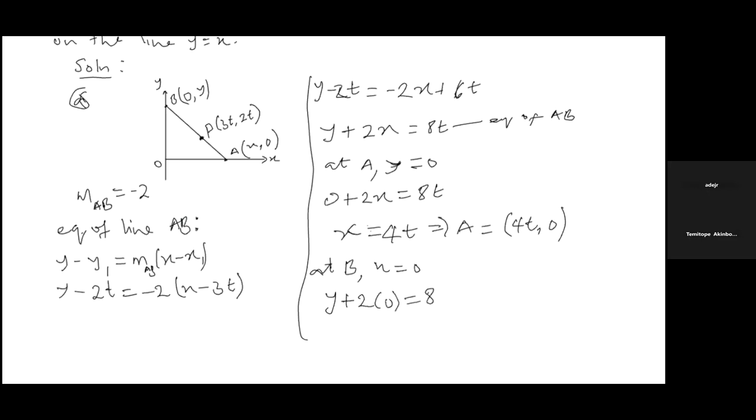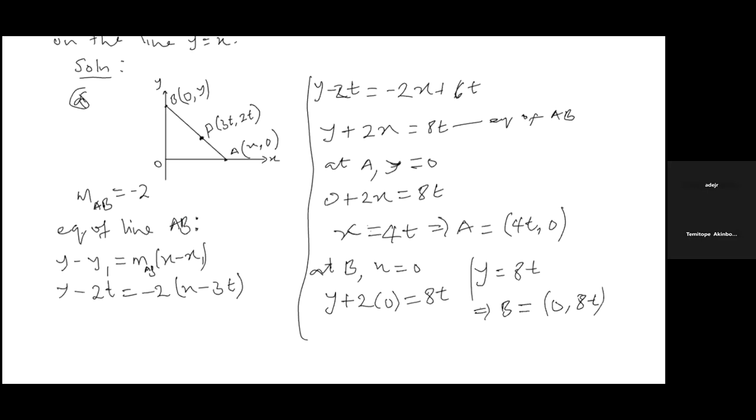And that would be y equals 8t. Therefore, the coordinate of B is now 0, 8t. So I already know that.